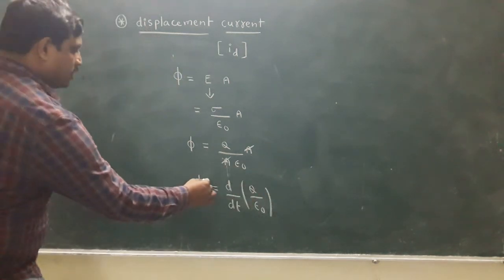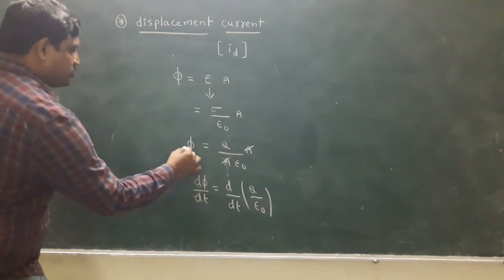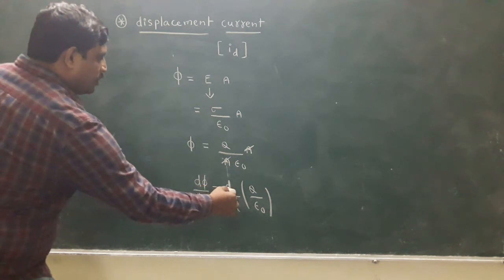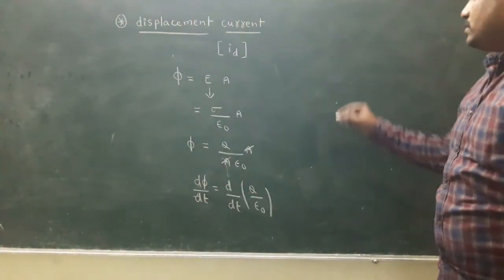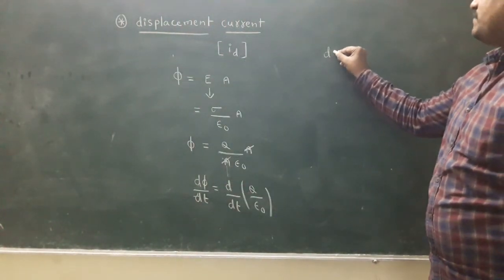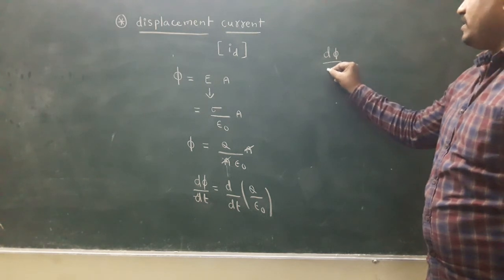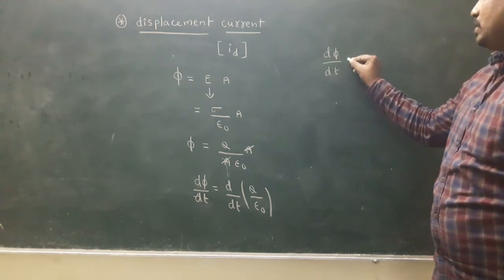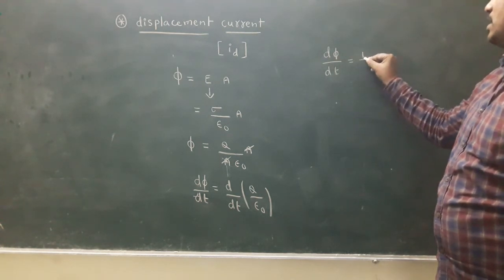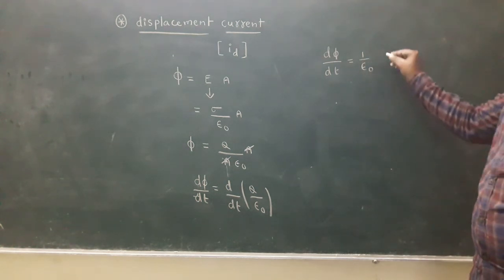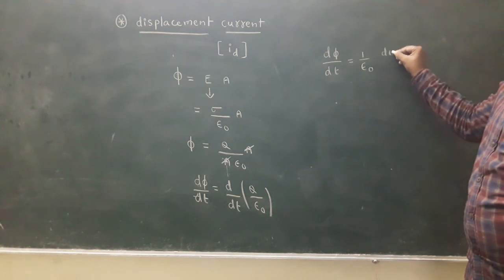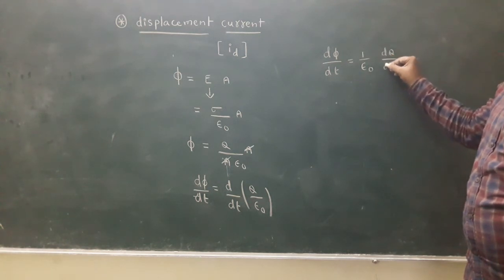On the left side d phi by dt, on the right side epsilon naught is common, so write 1 by epsilon naught, next dQ by dt.